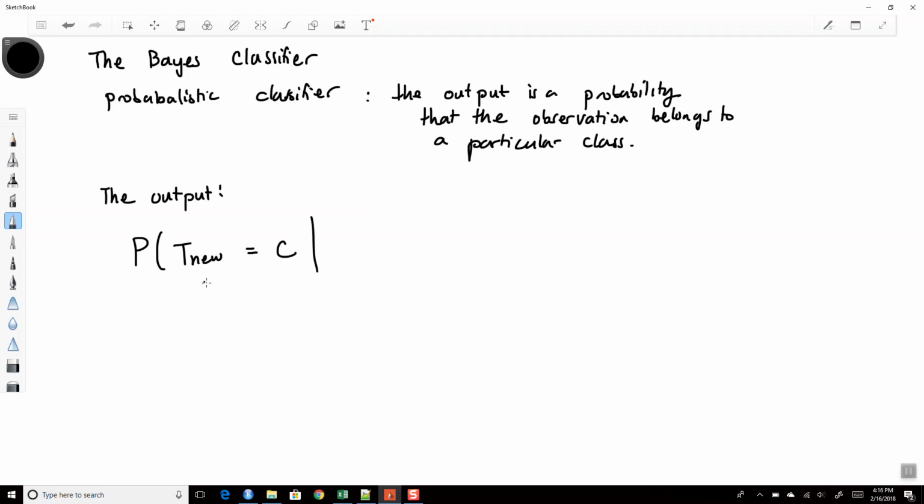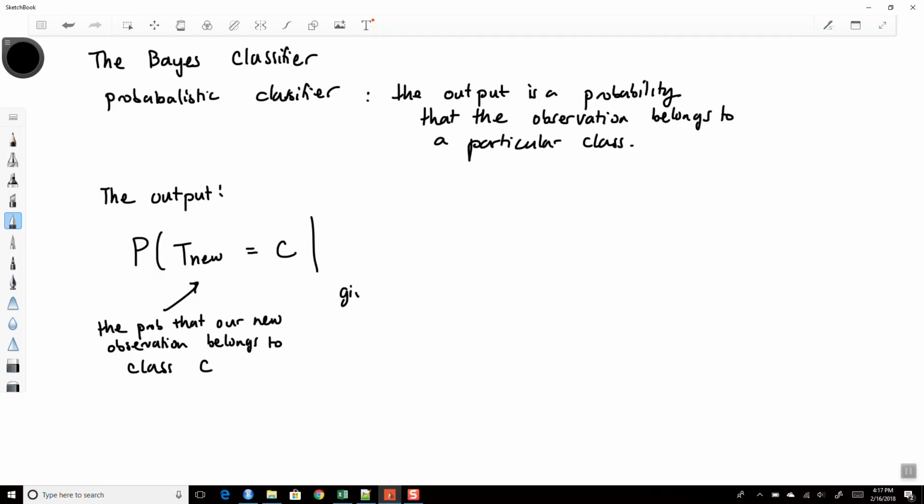okay, so this is the probability that the random variable t, which is the class for our new observation, okay? So this is the probability that our new observation belongs to class C, okay?